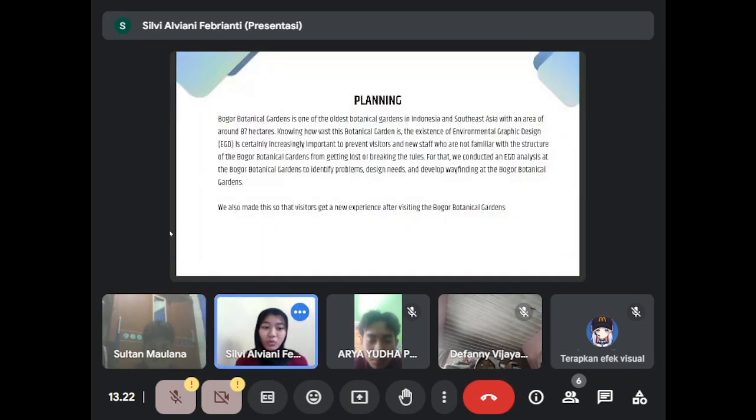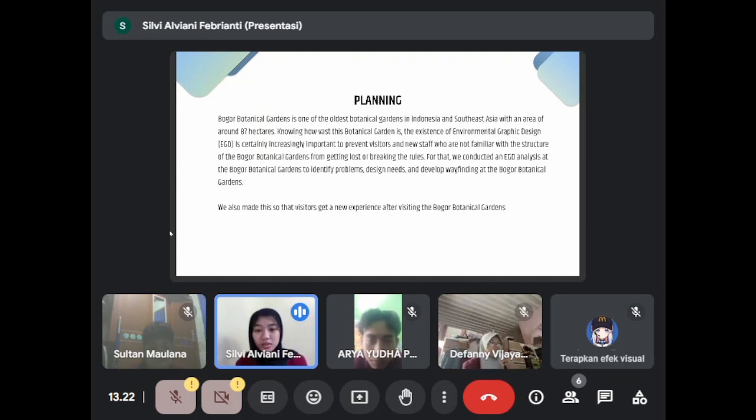The planning. Bogor Botanical Garden is one of the oldest botanical gardens in Indonesia and Southeast Asia with an area of around 87 hectares. Knowing how vast this botanical garden is, environmental graphic design is increasingly important to prevent visitors and new staff who are not familiar with the structure of Bogor Botanical Garden from getting lost or breaking the rules.